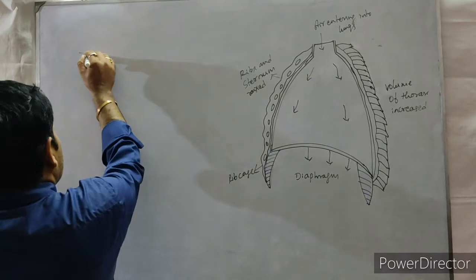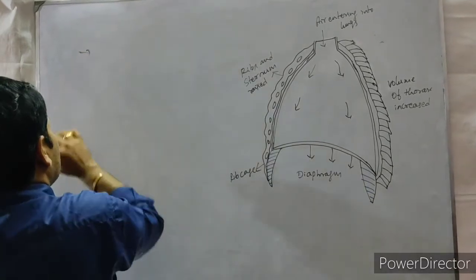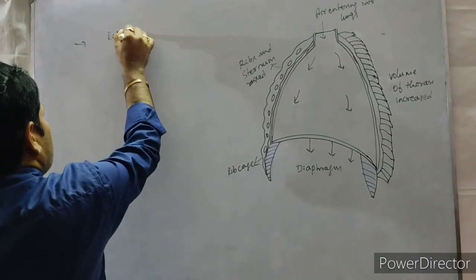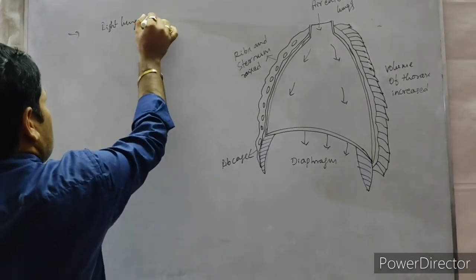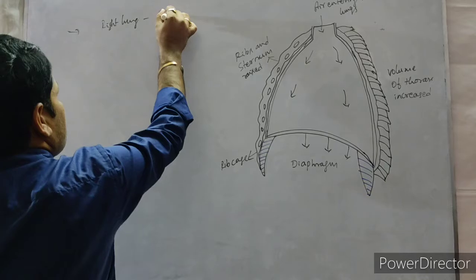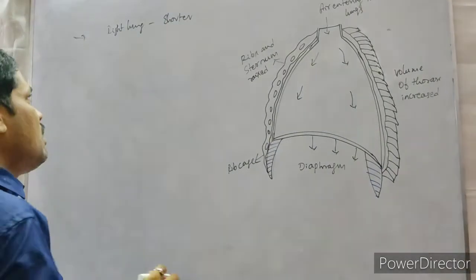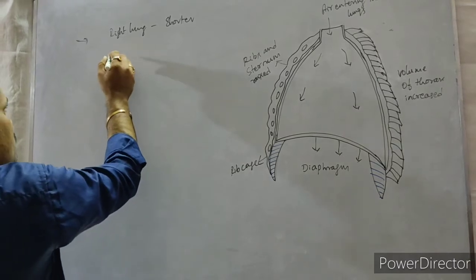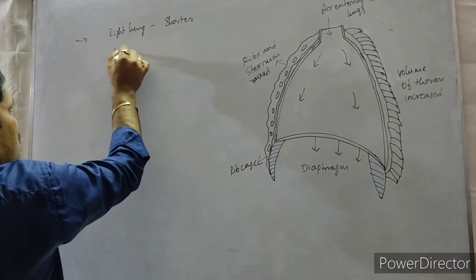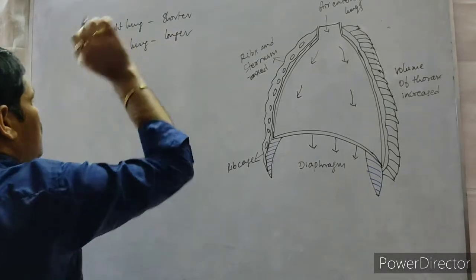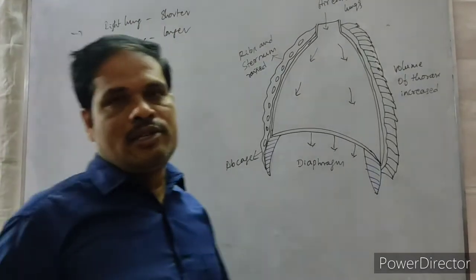If you see the humans, the right lung is a little bit shorter than the left lung. So the left lung is a little bit longer and the right lung is shorter.